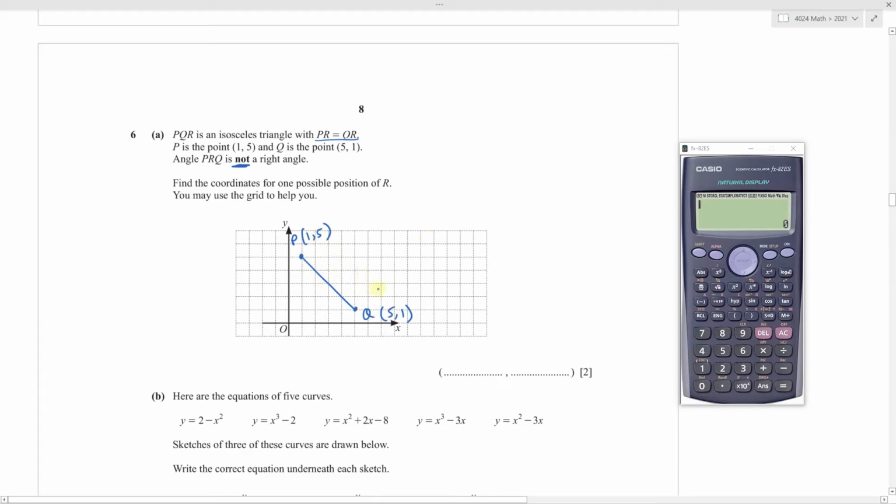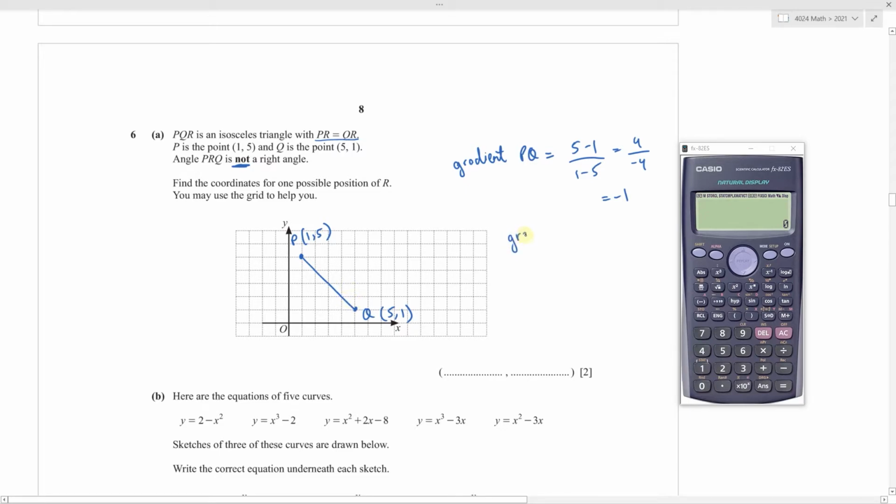So I note these 2 points. I can find the gradient of PQ, which will be y2 minus y1, 5 minus 1, divided by x2 minus x1, 1 minus 5. So this is 4 divided by minus 4, which is minus 1. So the gradient of PQ is -1.